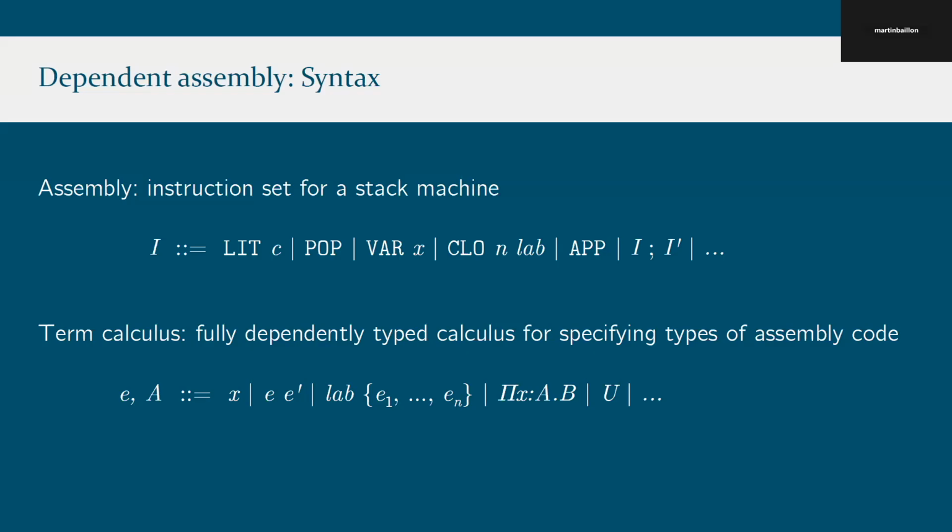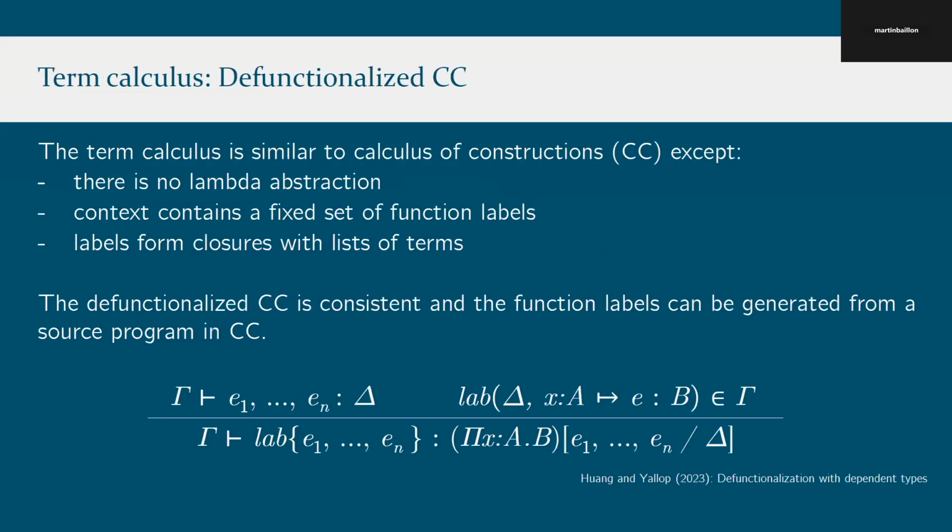But let me start with the term calculus. It is not just an arbitrary dependent type calculus, but a specialized form called the defunctionalized calculus of constructions, which is basically the same as the original CC, except that because we need to cope with the lower level form, there is no lambda abstraction you can use.